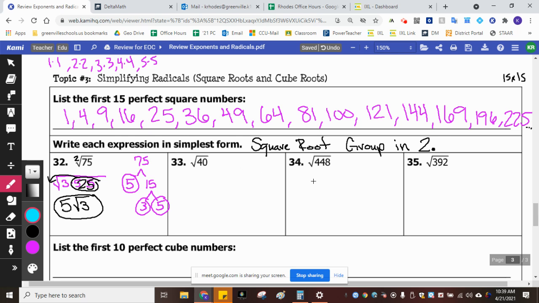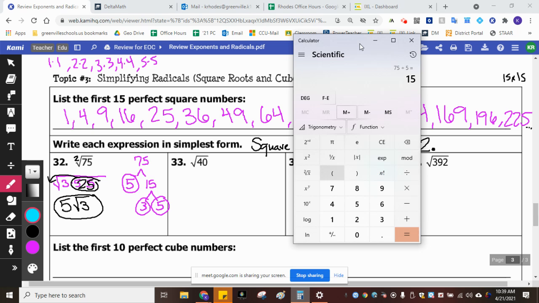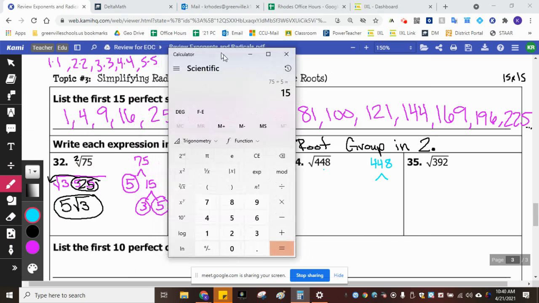All right, let's do a bigger number, 448. Give me a number that goes into 448. 16.